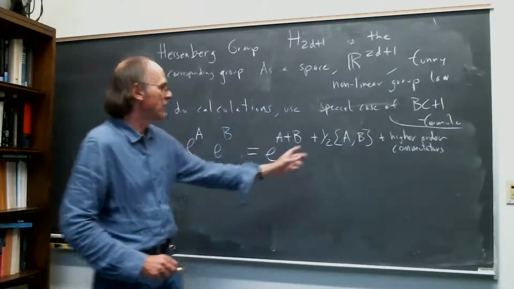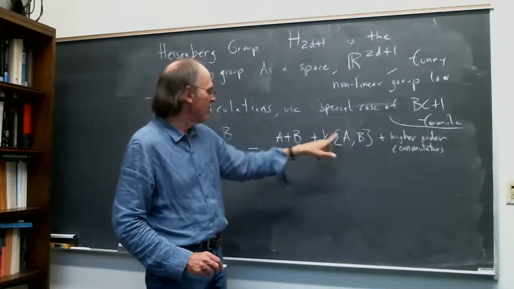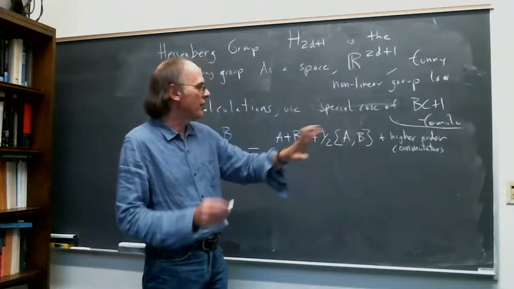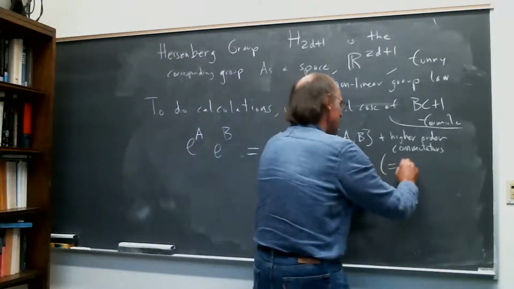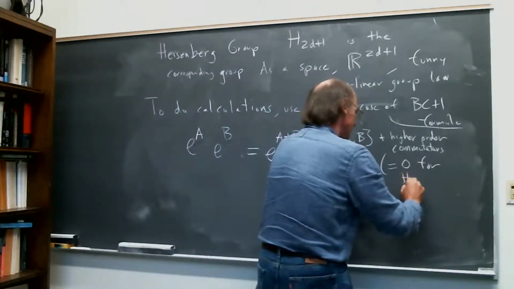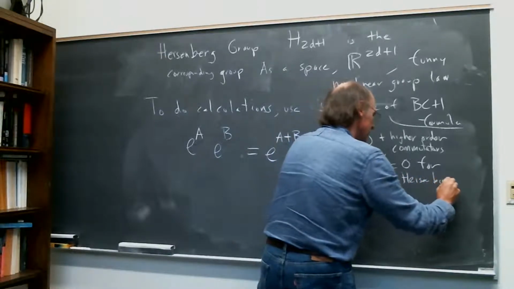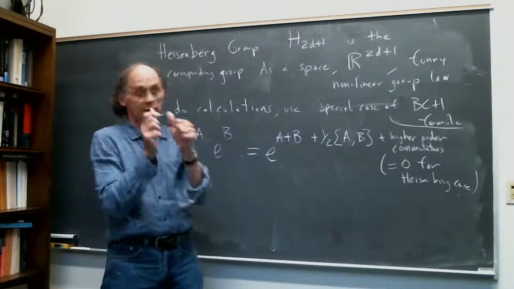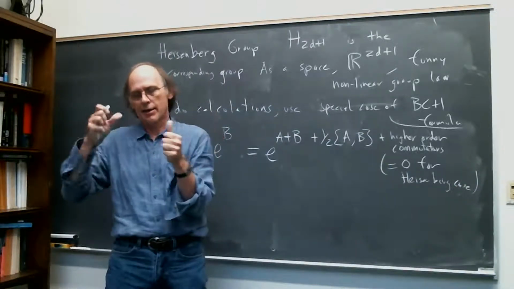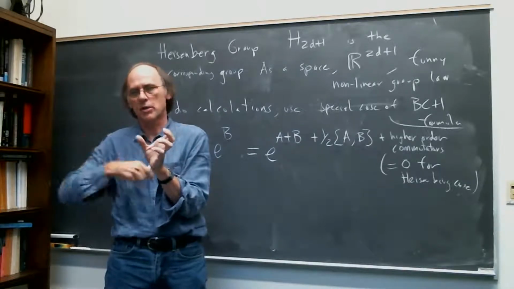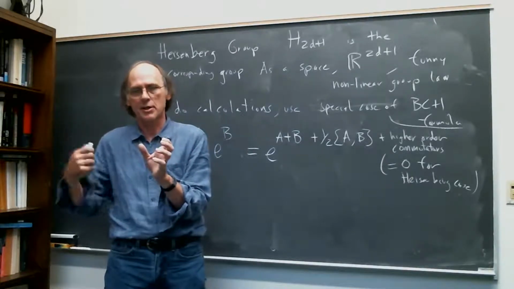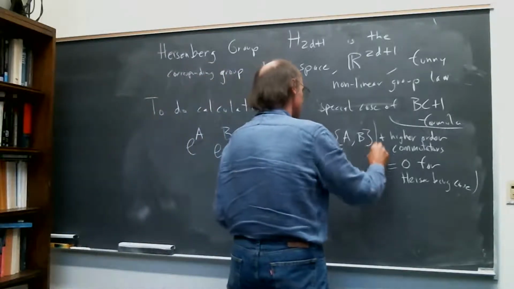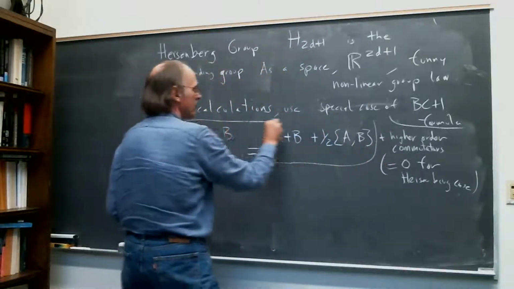But what you find in the Heisenberg Lie algebra is that the only non-zero commutator that you get is that one of x_j, y_k, and that commutator gives you something z, which commutes with everything. So the other ones are equal to 0 for the Heisenberg case. If you start taking more commutators, you're always going to get 0. So what happens here is that you just get this formula.